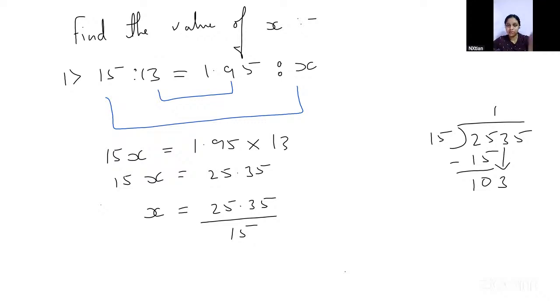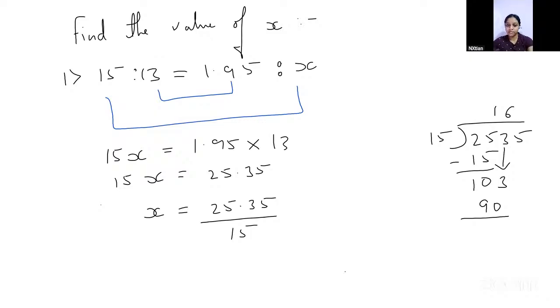Okay, let's do 15 times 5, no, 15 times 6. 7 will be bigger. 90.